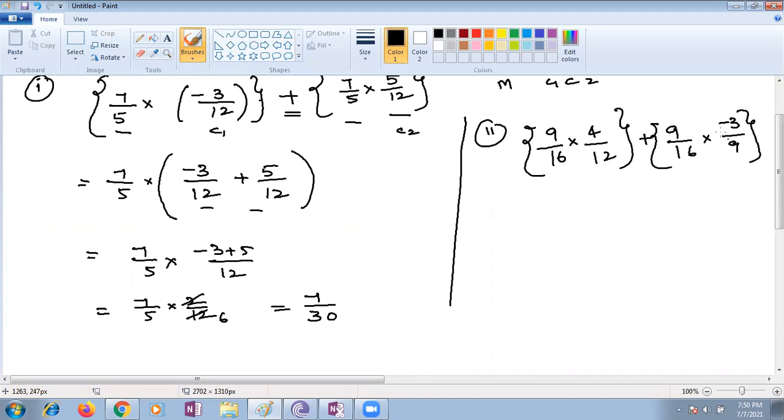Who is mother? Mother is commonly distributed. You see, mother, take outside the bracket, and what is the sign inside? Please try it and do it, children. Come on, quick.